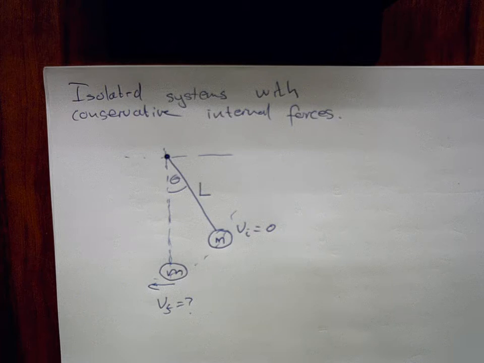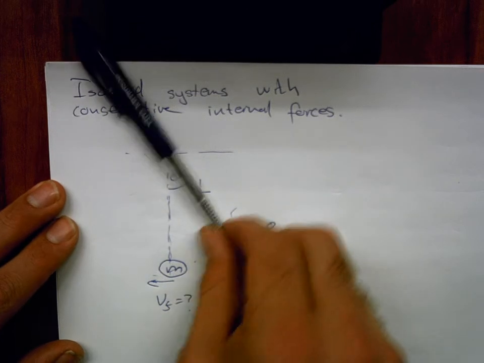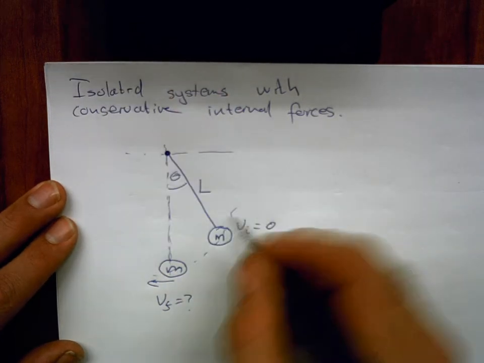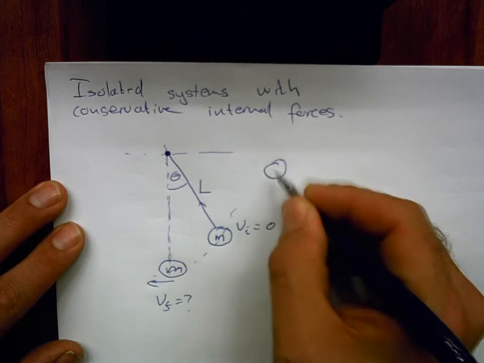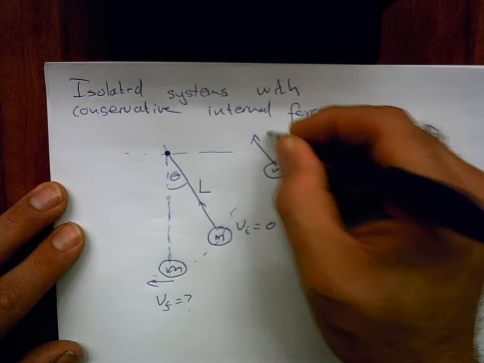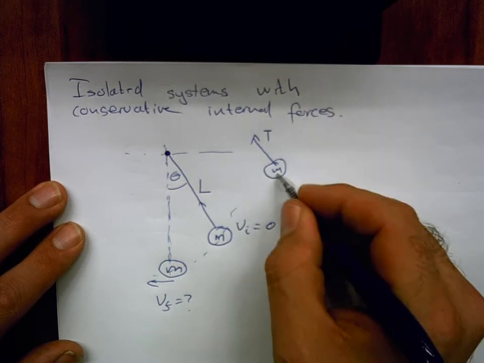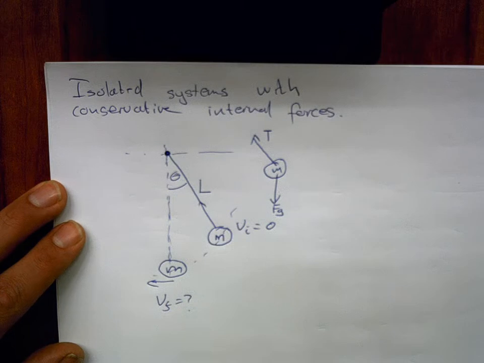So this is the type of problem we can solve using the conservation of energy, because if you look at the angle between the tension in this cable, so if I draw a free body diagram of this mass at this instant, the tension in the cable is pointing somewhere in that direction, and we've got the weight of the mass pointing down.